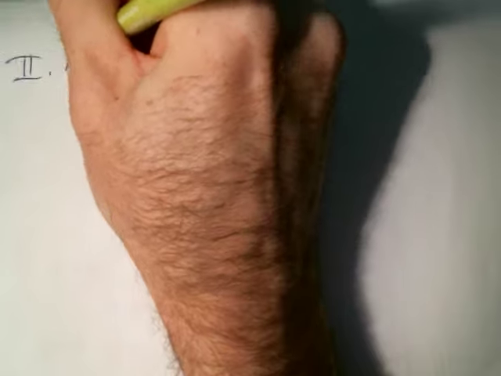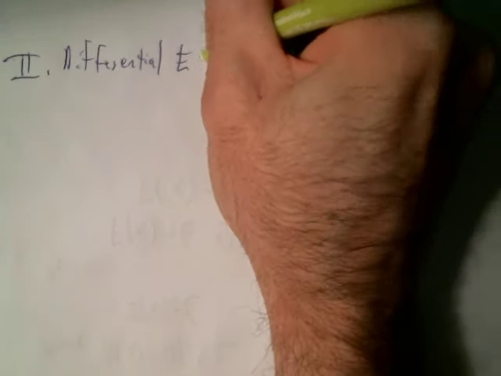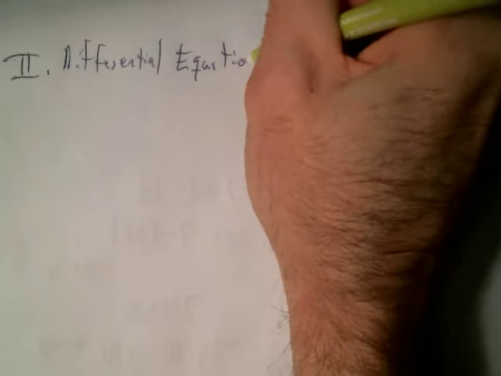Section 2, differential equations. So we're kind of abstracting all the ideas we learned in algebra to work with functions now. So functions of functions, we're putting functions in other functions, sort of. Here we have equations of functions, and we're trying to solve for unknown functions.